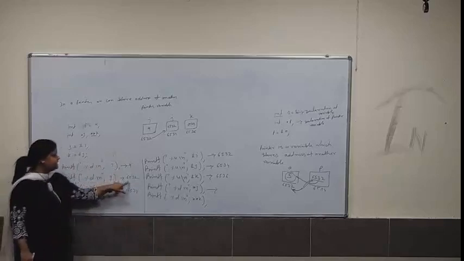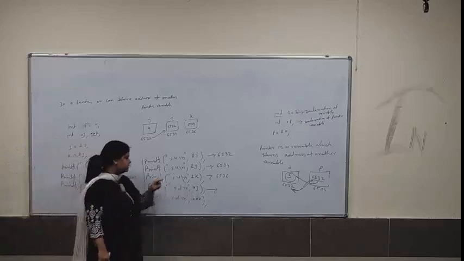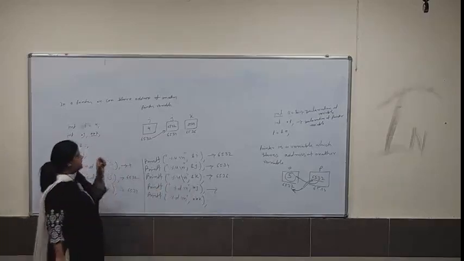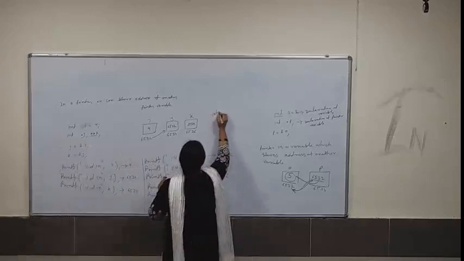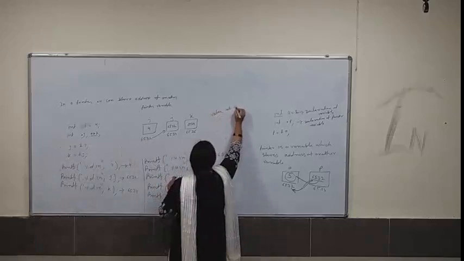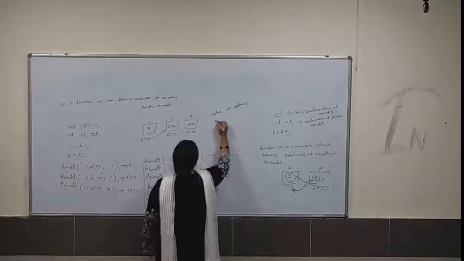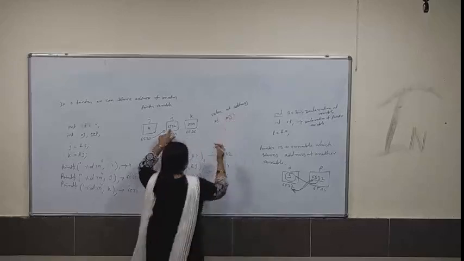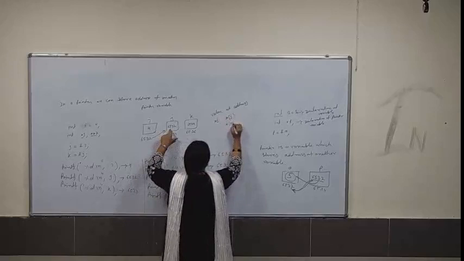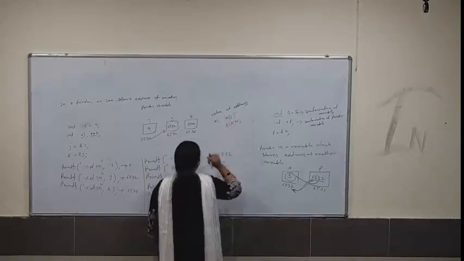That is nothing but 6532. Here I have written *j. Star means value at address. What is the value of j? That is 6532. Now star means value at address.